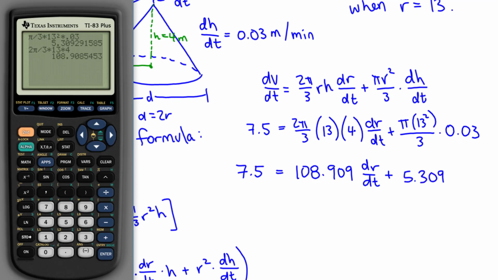Now what I need to do then is subtract 5.309 from both sides.